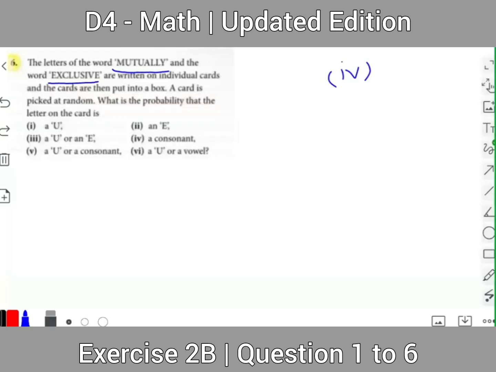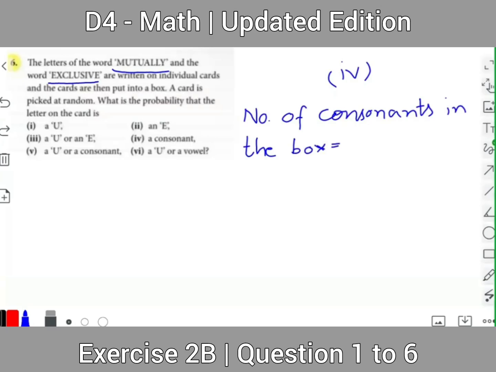Now in part 4, we have to find out the probability that the letter on the card is a consonant. So first we have to find out the number of consonants in the box. We will count the number of consonants in both the words, mutually and exclusive.